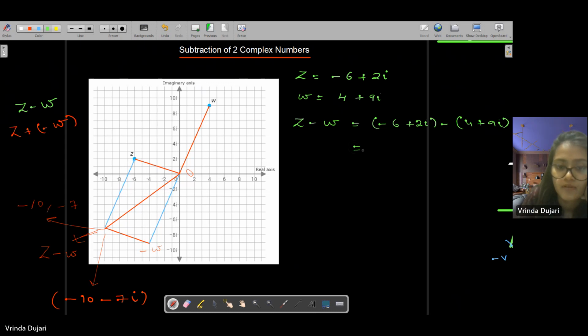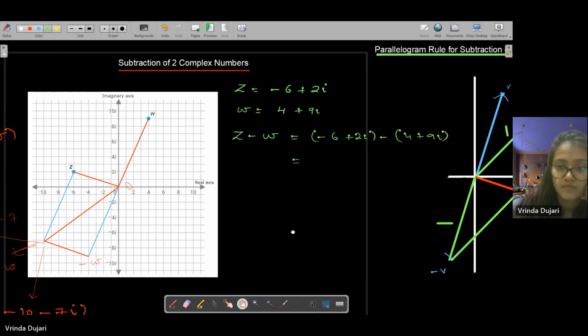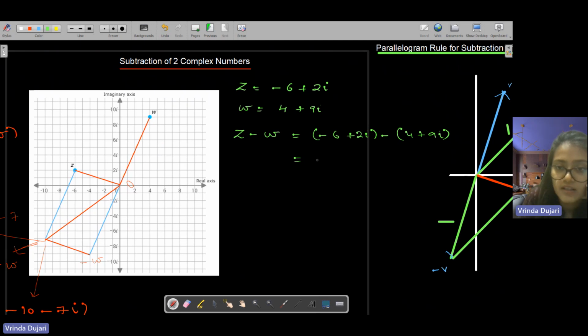Okay. So we get negative 6 plus 2i. Apply the distributive property, we get negative 4 minus 9i. Collect the like terms, so negative 6 minus 4 plus 2i minus 9i.